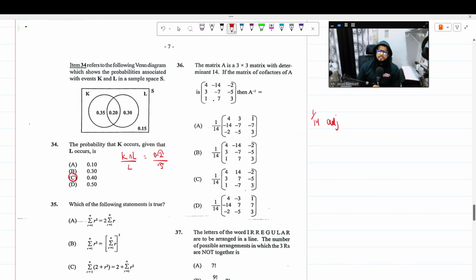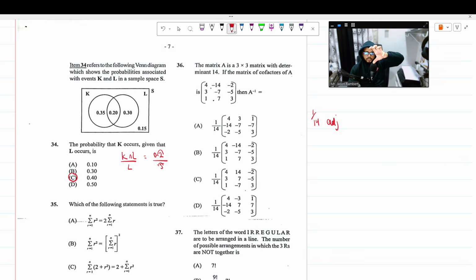Now, the matrix of cofactors is by default supposed to already incorporate the sign matrix, where we leave the signs on the diagonals unchanged, and this diagonal will change the sign. That is already built into the matrix of cofactors.